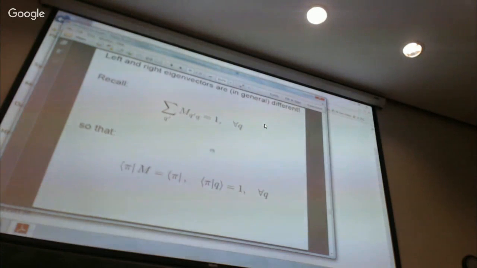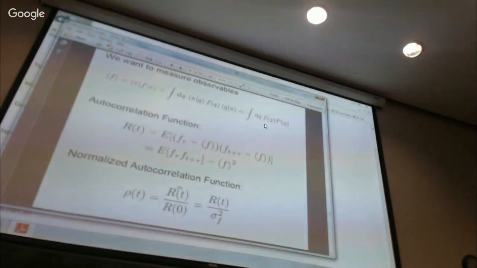For example, I can quite easily construct a left eigenvector of the Markov matrix by just looking at this normalization criterion, which says that if I start somewhere, I have to go somewhere. So obviously, the constant vector in state space is a left eigenvector of a Markov matrix with eigenvalue 1. But that's a trivial statement. It doesn't mean it's a right eigenvector.